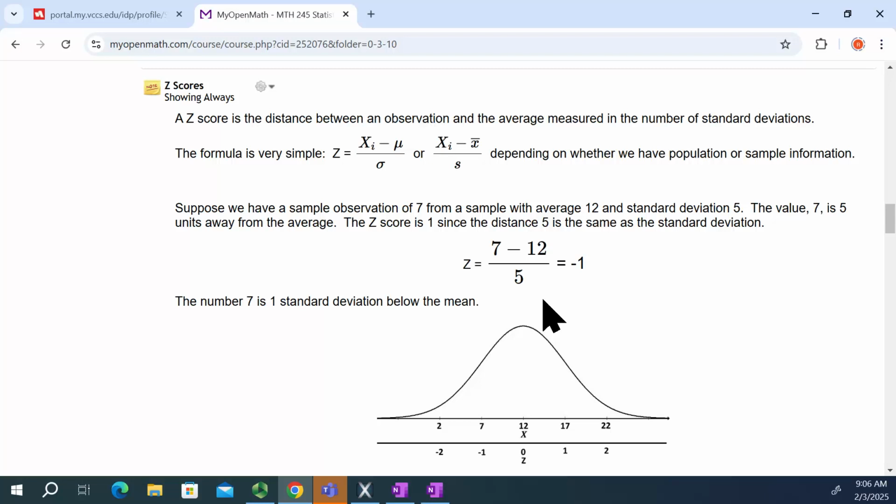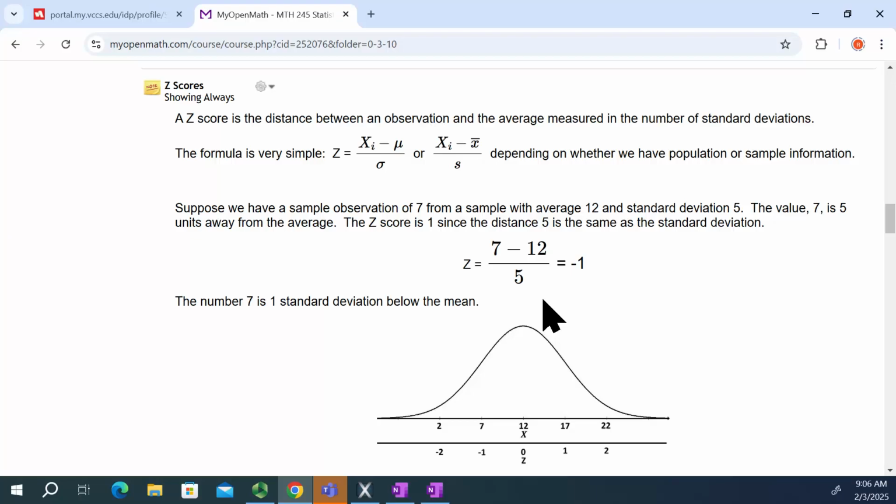So if I had another one that had a different mean and a different standard deviation, and I also got a z-score of -1, that means it's in the same relative position. So I can go from sample to sample to sample and make these standard measurements in terms of standard deviation.